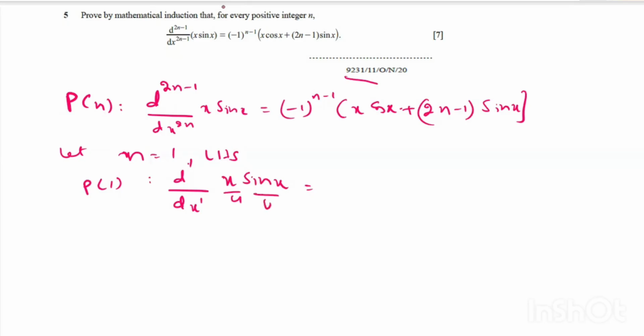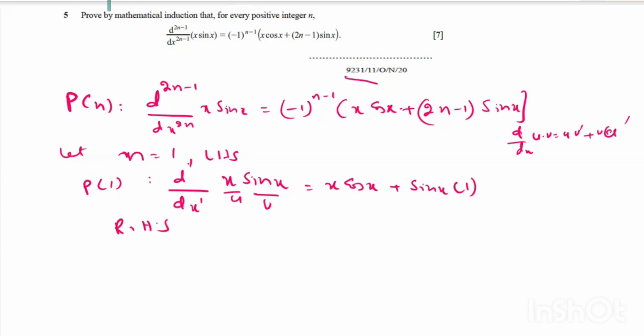We will apply simple derivative methods: the derivative of u times v is u times the derivative of v plus v times the derivative of u. So x stays the same, the derivative of sine x is cos x, plus sine x, and the derivative of x will be 1.